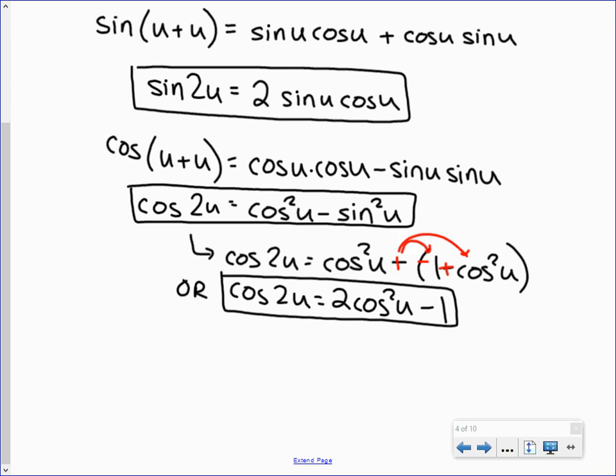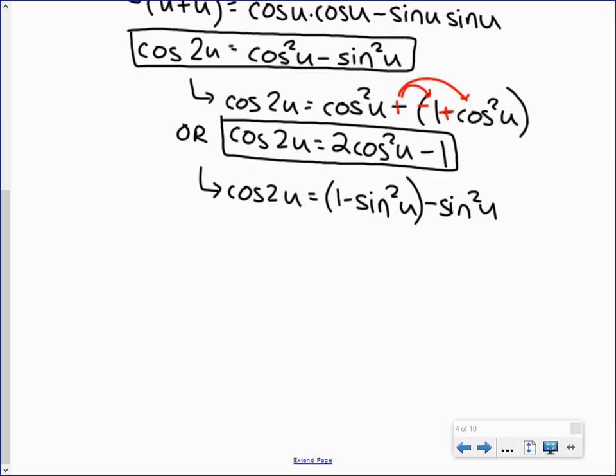So this is like an or. If you want everything to be in cosines, then use that version of cosine of 2u. And we could make another one. This time we'll sub in for the cosine squared. We'll put in 1 minus sine squared. So we do that again. Cosine of 2u equals, this is back to the original double angle formula, we're going to replace cosine squared with 1 minus sine squared u, and then finish out the formula, minus sine squared u.